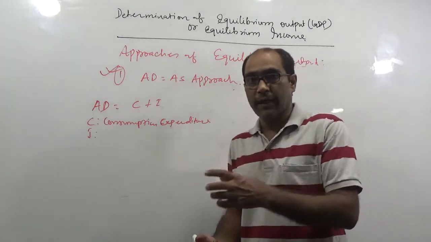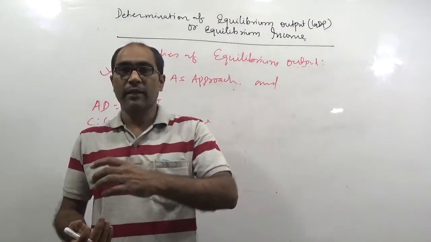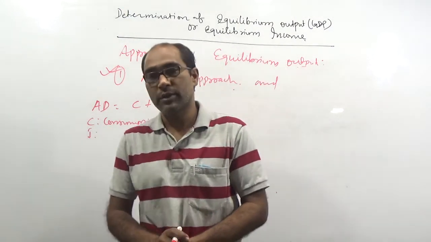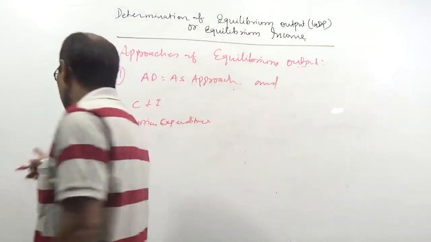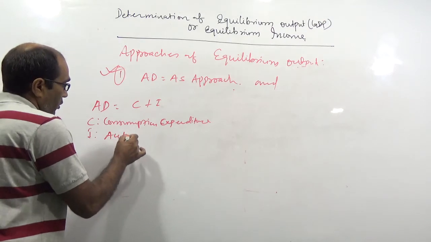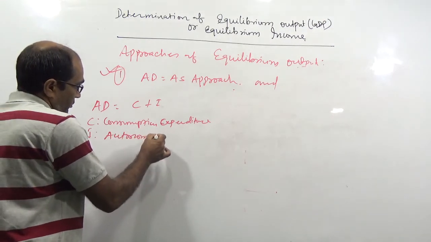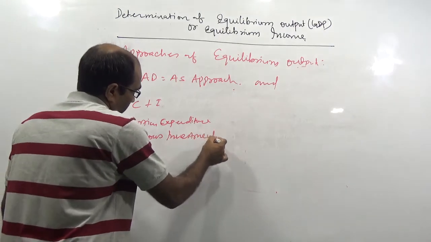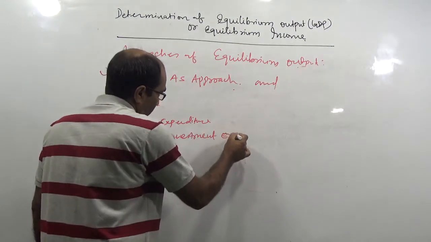But for AD right now we are taking the value of autonomous investment expenditure. So here I stands for autonomous investment expenditure.